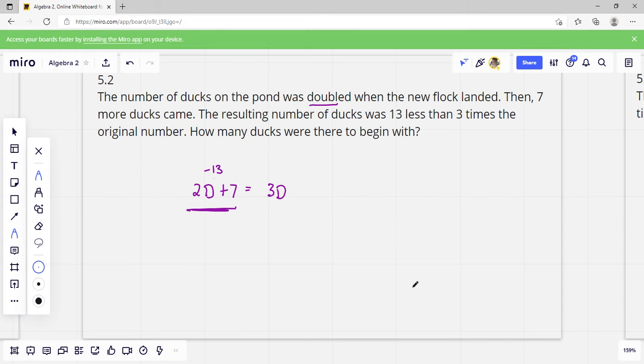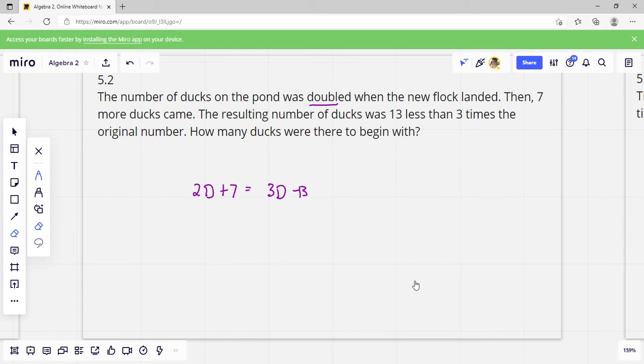Alright, if this is 13 less, then we have to minus 13 on this side to make those even, right? So we first start by writing something that's not equal. So 2 times the number of ducks plus 7 equals 3 times the number of ducks, but it's saying that this side is 13 less than this side, so we've got a minus 13 over here.